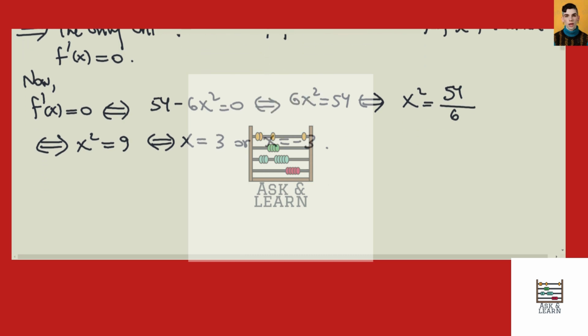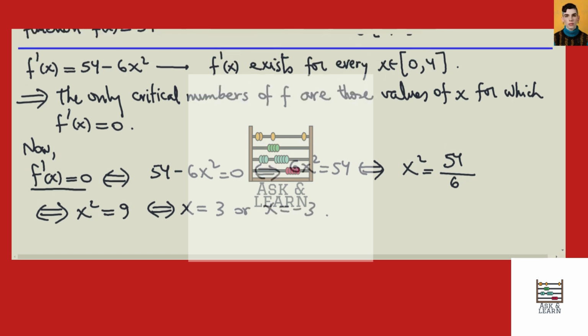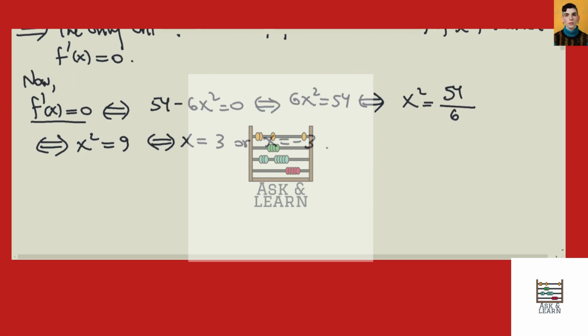So we have two solutions to this equation here, but remember we are looking at critical numbers in the interval 0, 4. That is why we are only interested in the solution x equals 3.